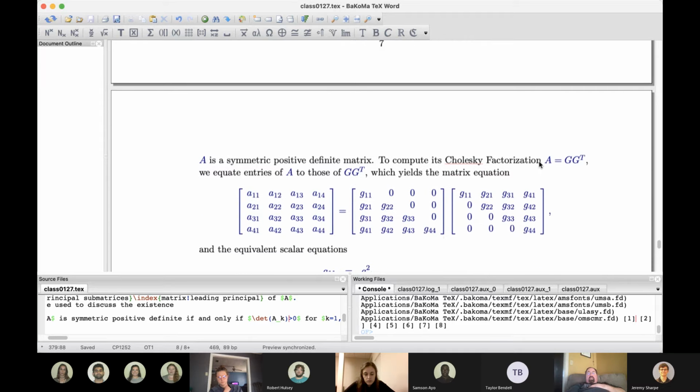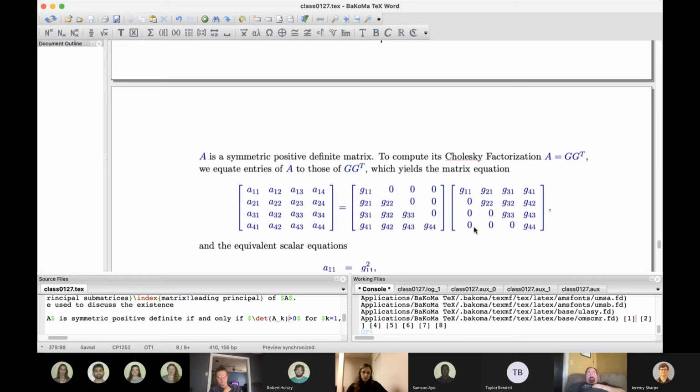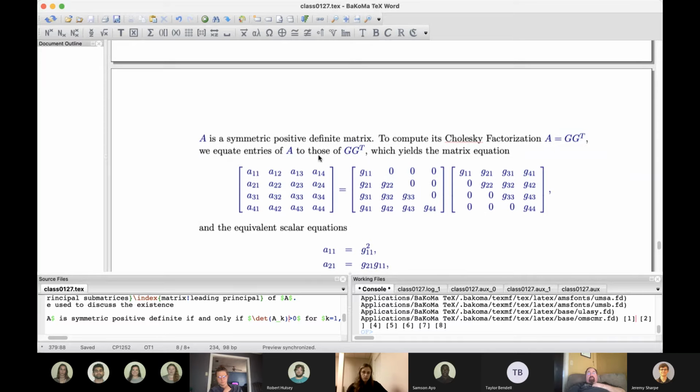So what I do is I have A equal to GG^T, where currently G is unknown. If I write out A equals GG^T, and I require that G is lower triangular, this is what that factorization looks like on an entry by entry level. Now I can carry out the matrix product of these two, and I equate that to A. So for example, if I compute the 1-1 entry of this product, I go across the first row, down the first column.